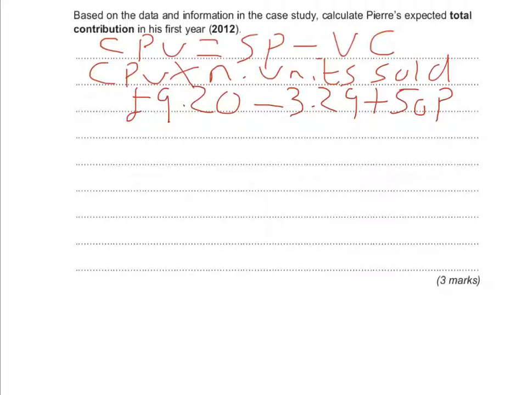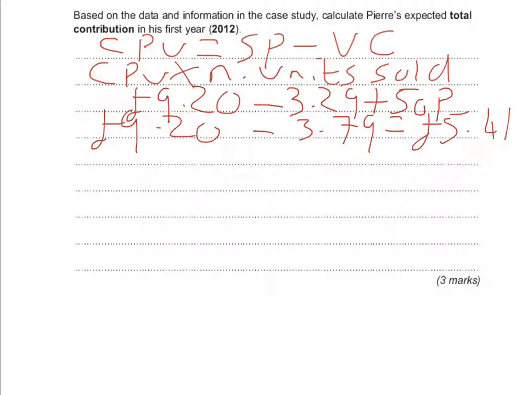So therefore, to work out the contribution per unit, we have to do £9.20 minus £3.79, which gives us a contribution per unit of £5.41. This additional 50p has thrown many students in the past. However, by carrying on the formula and not including the extra 50p variable costs, students can still receive 2 marks.